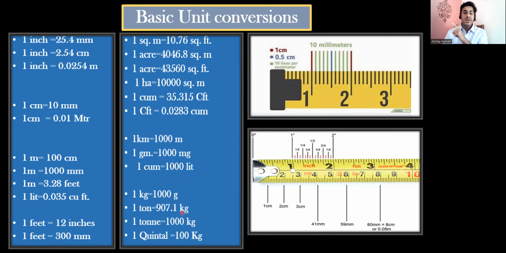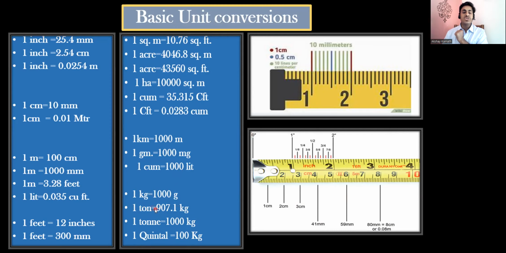So 1 ton, see, you might get confused now. Just forget this for the time being. This is not required. Just remember 1 kg is equal to 1000 gram. 1 quintal is equal to 100 kg, and 1 ton is equal to 1000 kg. Fine. That's it. Now you might see here 1 ton and 1 ton.